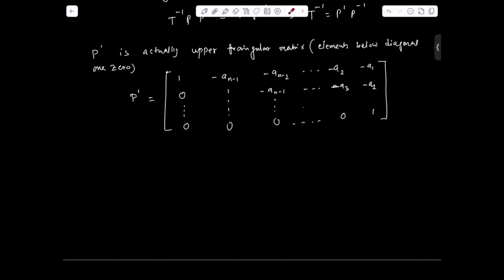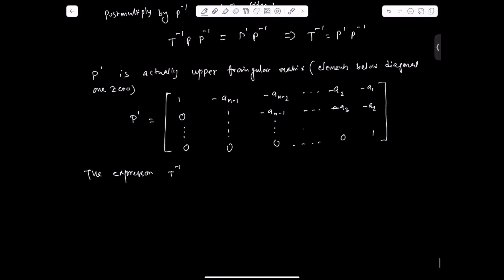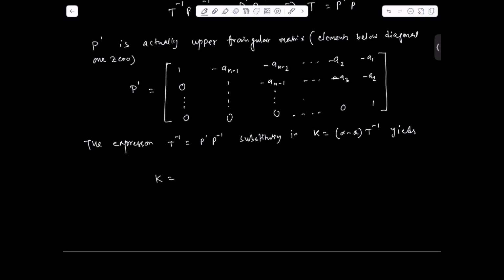So the expression T inverse equal to P dash P inverse, substituting in K equal to alpha minus A T inverse, we can write K equal to alpha minus A P dash P inverse.